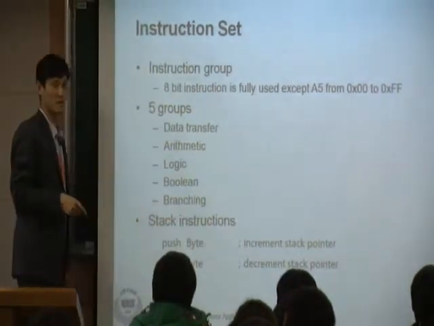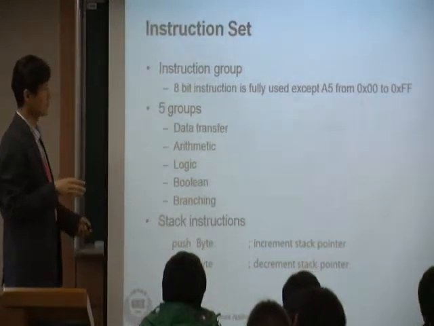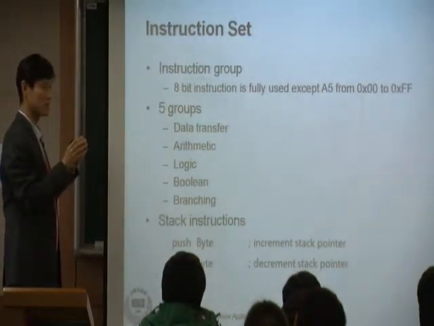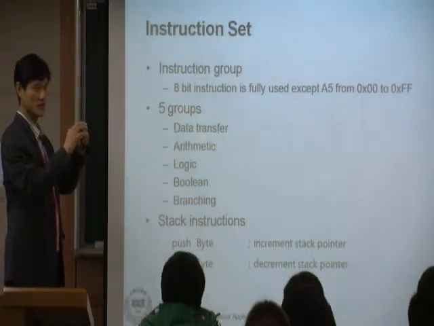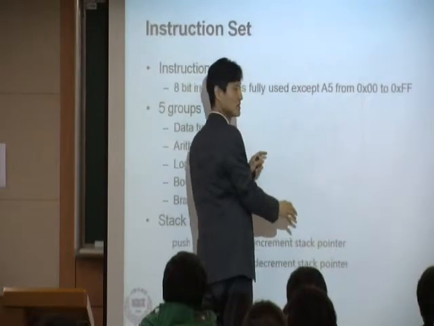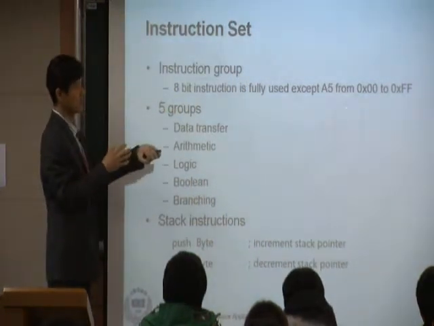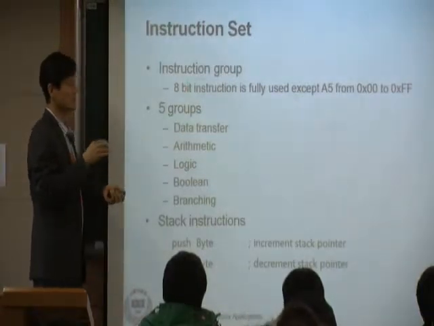We have 255 different binary codes. The instruction may be the same, for example, the move instruction has a mapping to multiple binaries. We'll see that later. But anyway, we can have 255 different binaries.